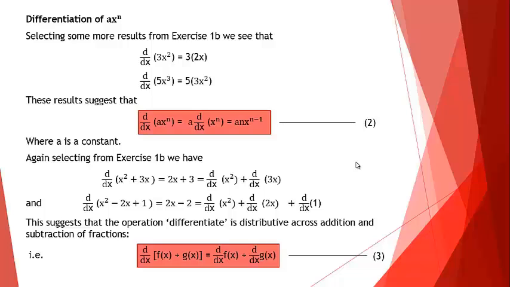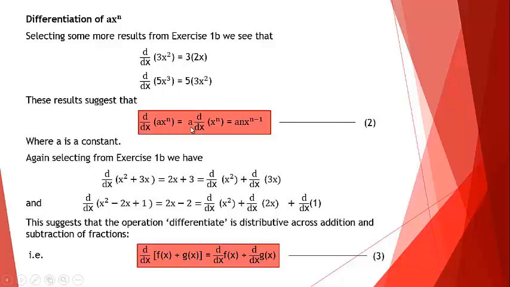So these results suggest that the derivative of ax to the power n with respect to x gives us a times the derivative of x to the power n with respect to x, which equals a n x to the power n take away 1. If you look at this expression, a is a constant like 3 and 5, and x to the power n is the term which has the power.